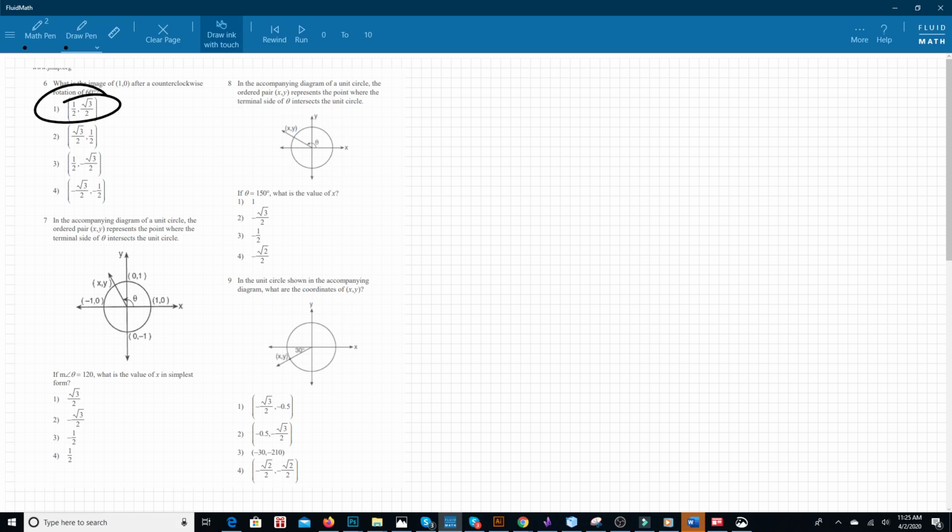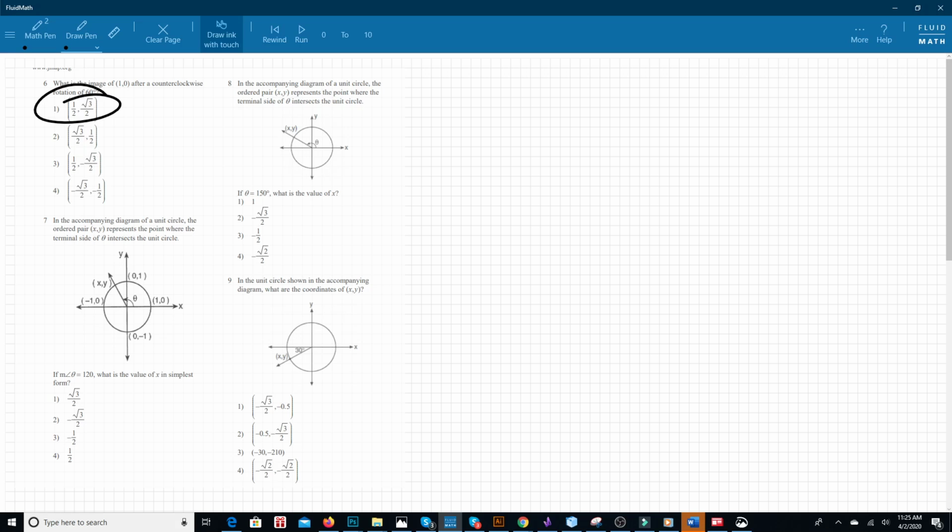So we have the terminal side of theta intersecting. If the measure of angle theta is 120 degrees, what is the value of x in simplest form?